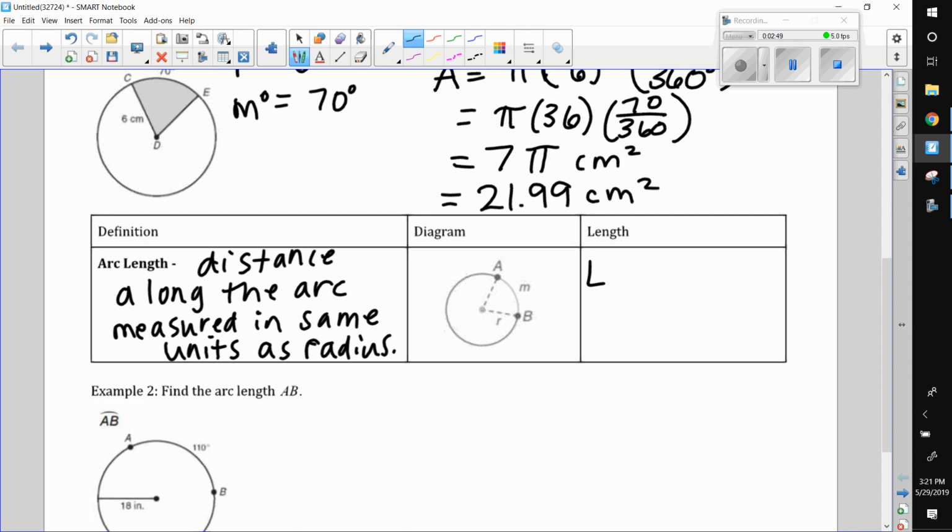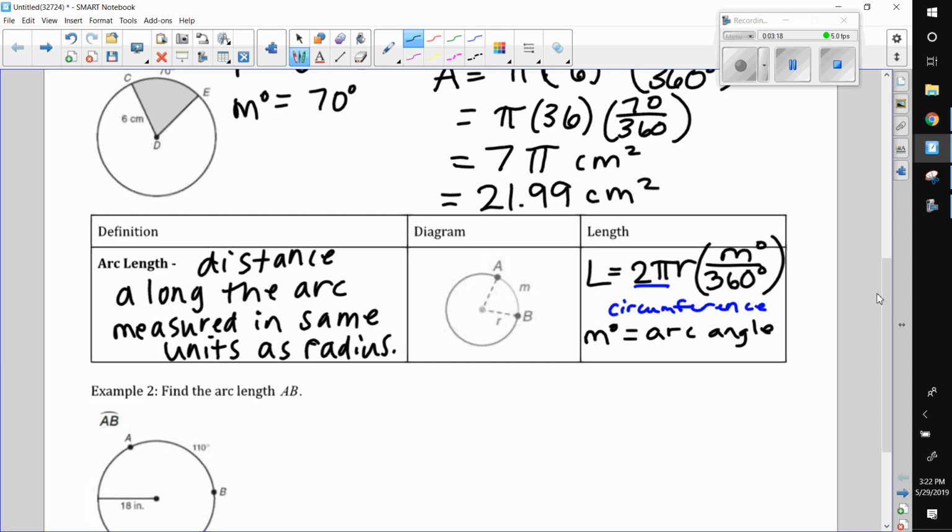Okay, and the formula here is going to be 2 pi r, which is your circumference, times the measure of the arc over 360 degrees. This is just your circumference formula because we're talking about the outside of the circle, and then you've got that degree, which is just your arc angle.